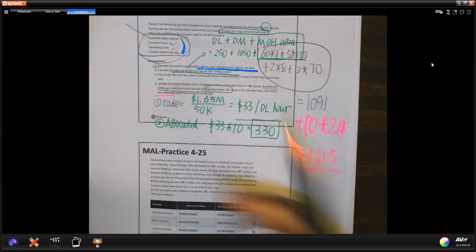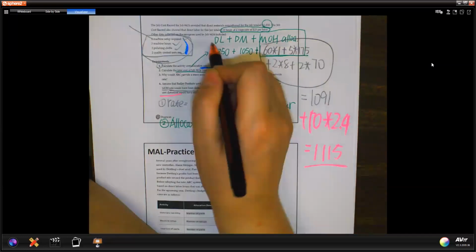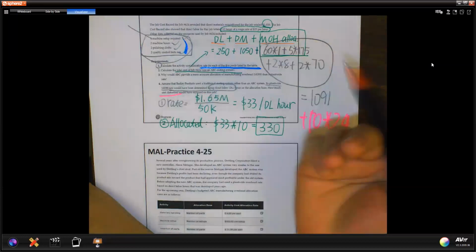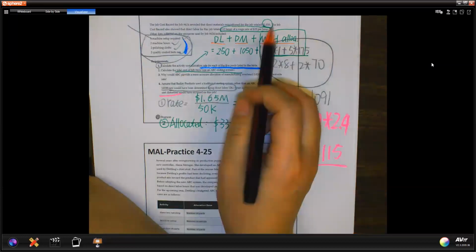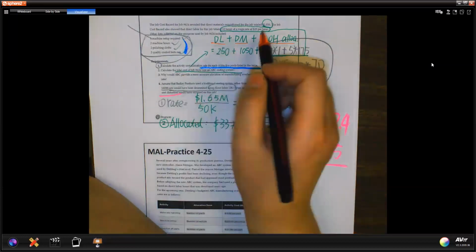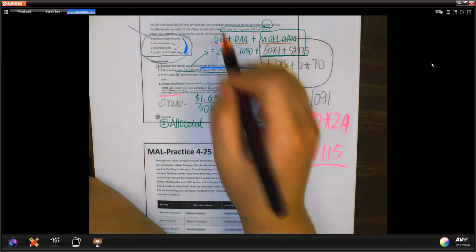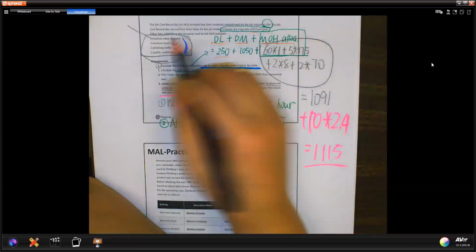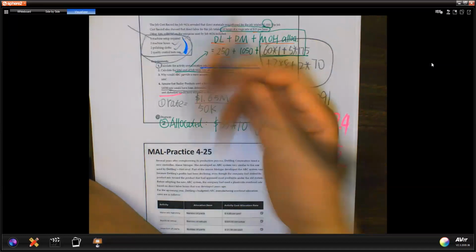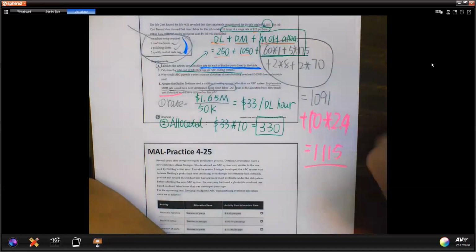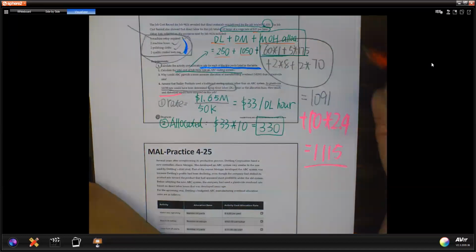Second one, I'll ask you about total cost. We said total cost is your direct labor, direct material, and the manufacturing overhead allocation. The question tells you that direct labor is $25 per hour, 10 direct labor hours. Direct material also is given directly: 1,050. And then how do we allocate our manufacturing overhead? We said 5 activities.